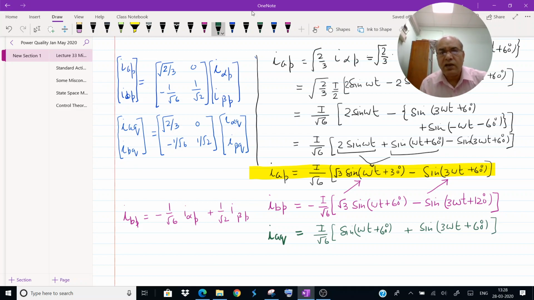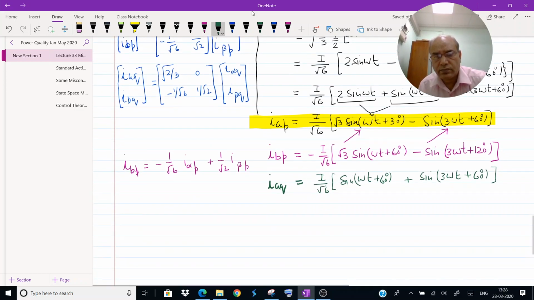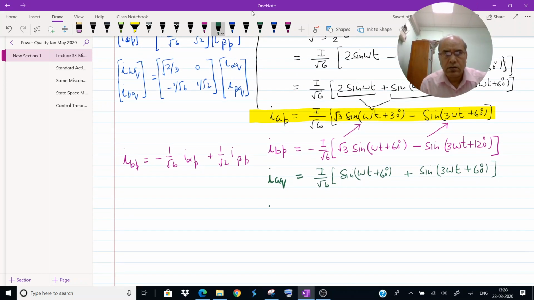Okay, and similarly we will have IBQ. IBQ is I by root 6, which will be minus 1 by root 6 into I alpha q plus 1 by root 2 into I beta q.